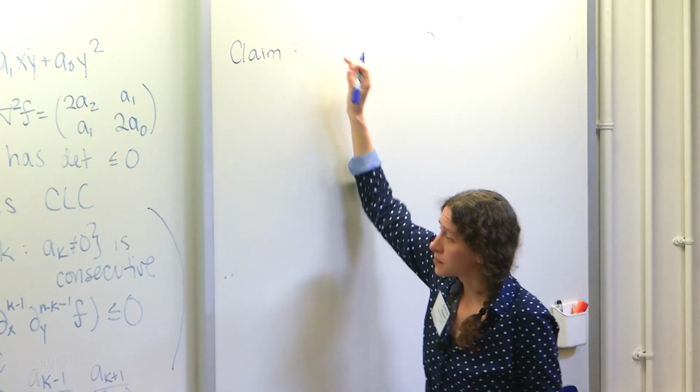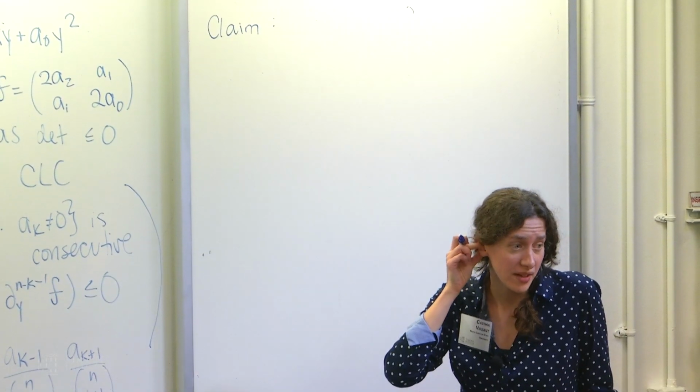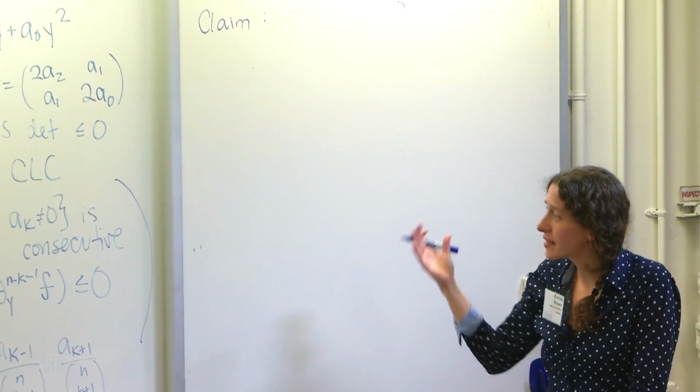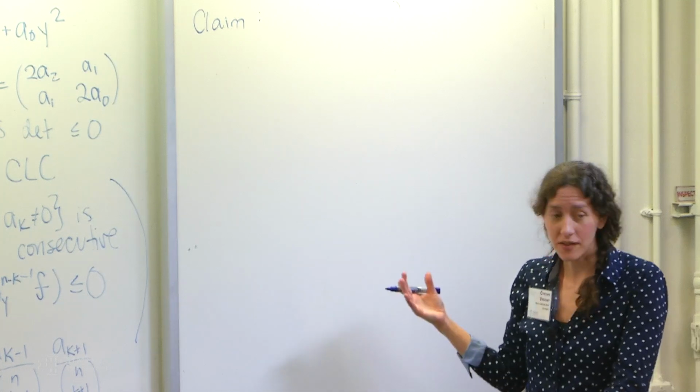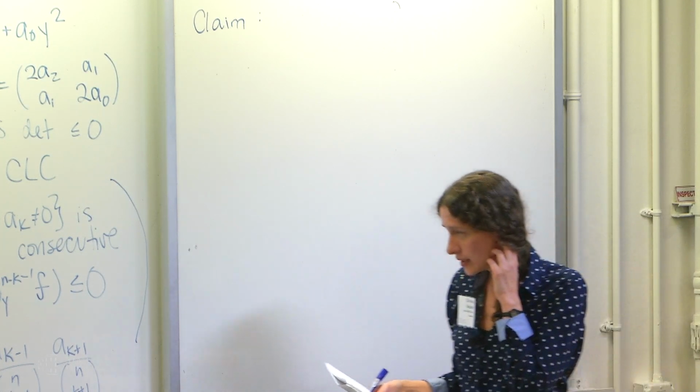One question you could ask about such polynomials is when can you add them and preserve this property? A lot of this is inspired by the theory of stable polynomials, which we've heard a lot about this week.